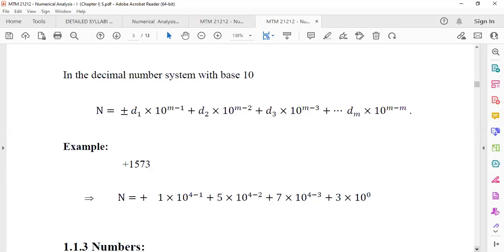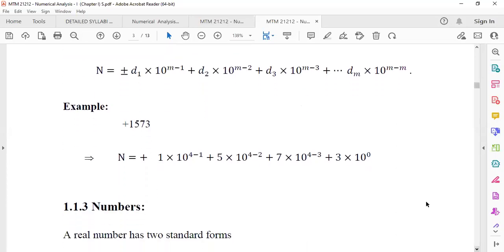You can see this example. Can you try this example yourself? See whether you can do this. This is school level.